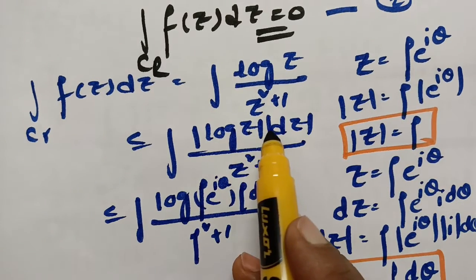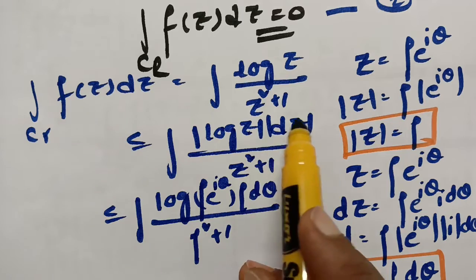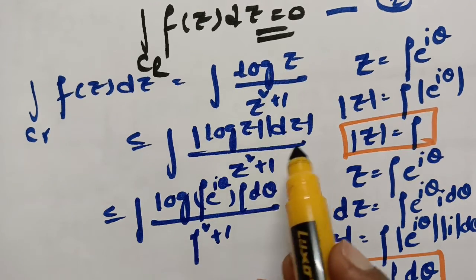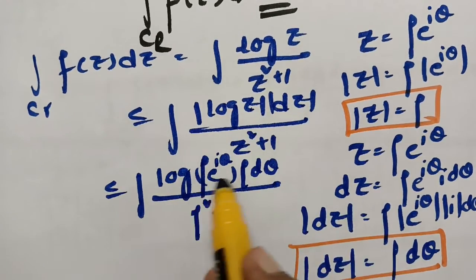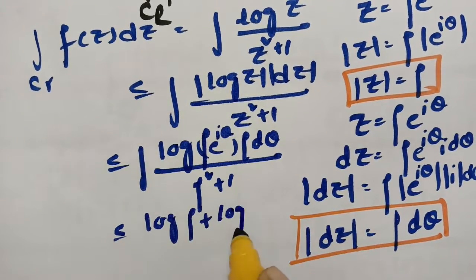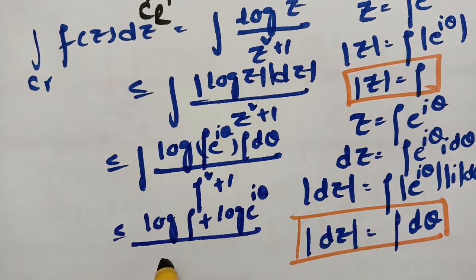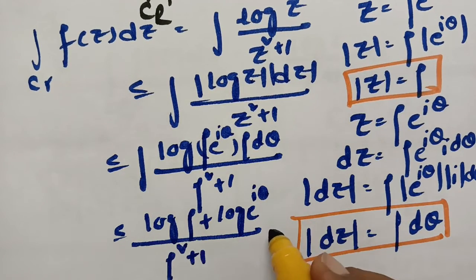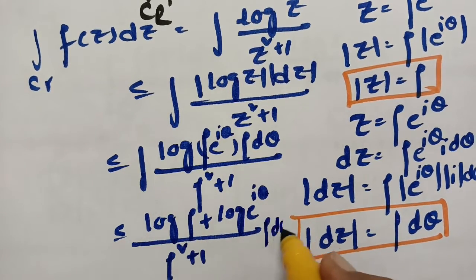For this z, I am not going to take modulus; only the single z can be taken as modulus, and log z should be written like this: log rho plus log e power i theta, divided by rho squared plus 1, into rho d theta.